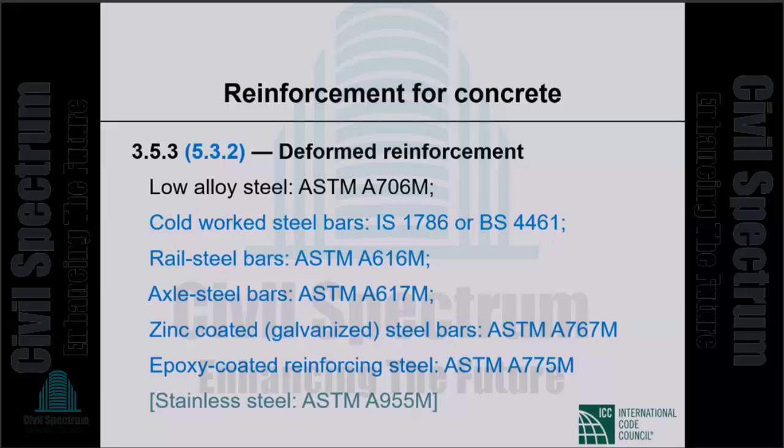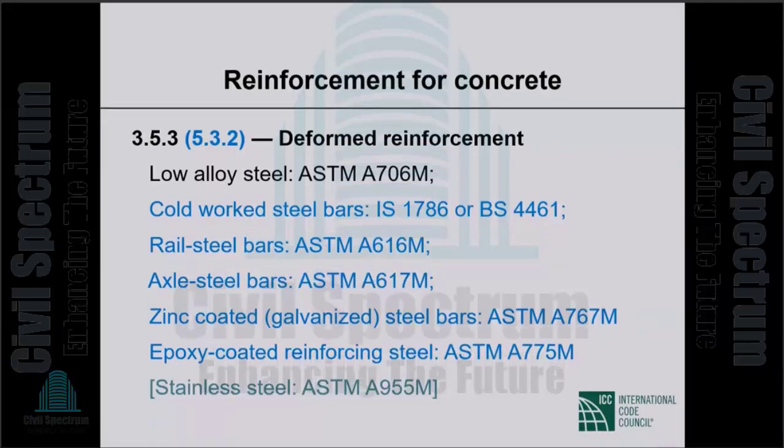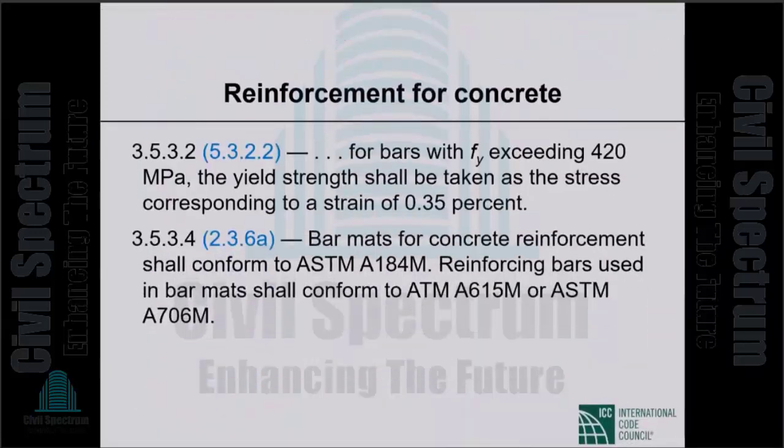But other than that, the other stuff, rail steel, axle steel, cold worked steel, those are not used. So 6935-2, which complies with ASTM A615, some of which complies with A706, is the predominant reinforcing material in Bangladesh.